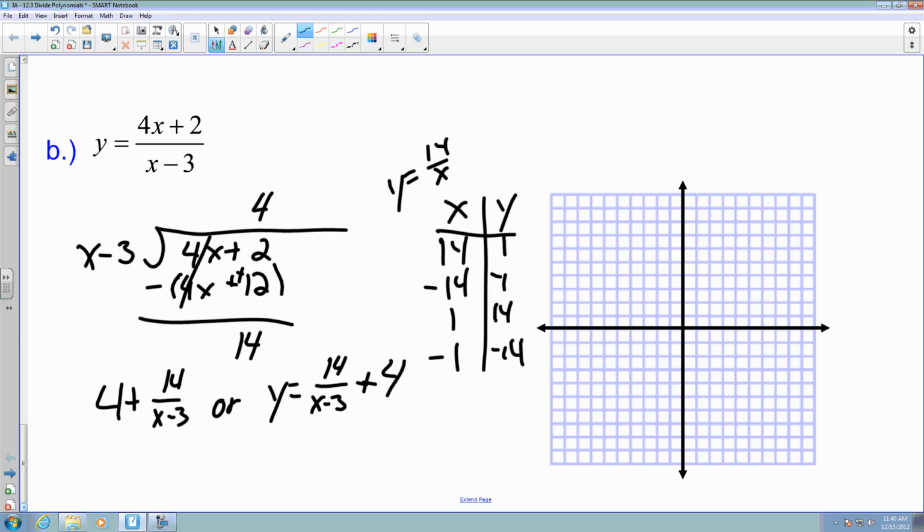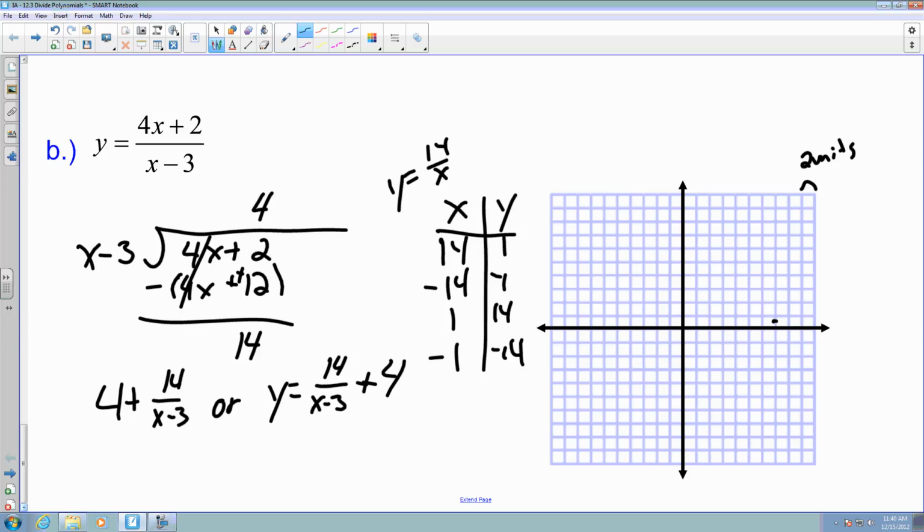So let's just say that each unit here equaled 2. Okay, so I'm going to go 2, 4, 6, 8, 10, 12, 14, and 1 right about there.